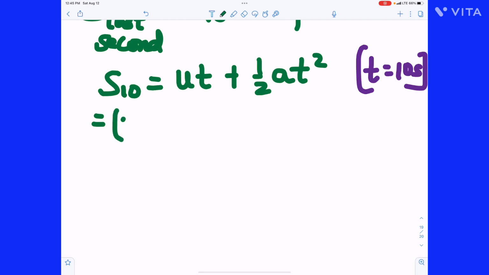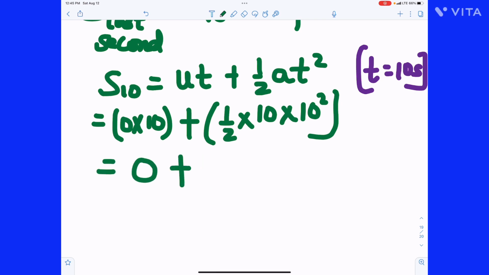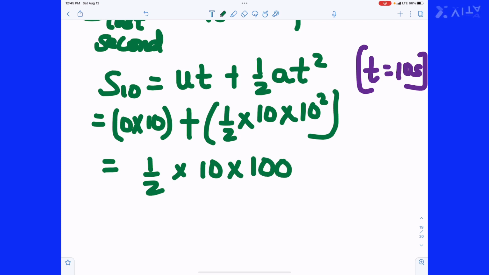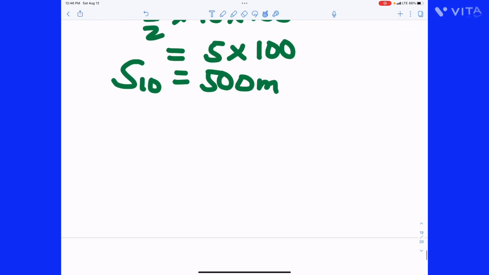The distance traveled for 10 seconds will be 0 times 10 plus 1 over 2 times 10 times 10 squared. That gives us 0 plus half times 10 times 100. The 0 times 10 is 0, so it disappears. That gives 5 times 100, which is 500 meters. So in 10 seconds, it travels 500 meters.